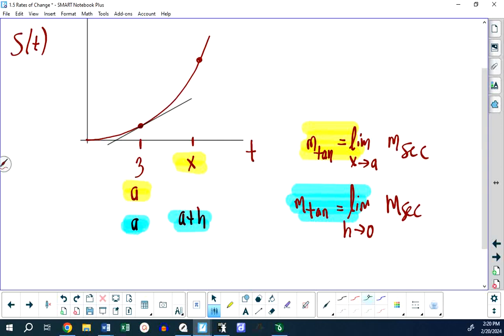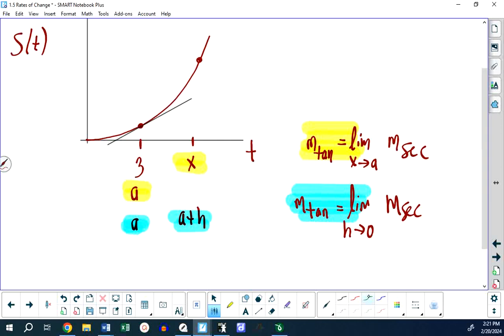And it doesn't matter, we do calculate the slope of the secant in a particular way for the yellow highlight. It would be f of x minus f of a over x minus a. For the blue, it would be f of a plus h minus f of a all over h. Okay?